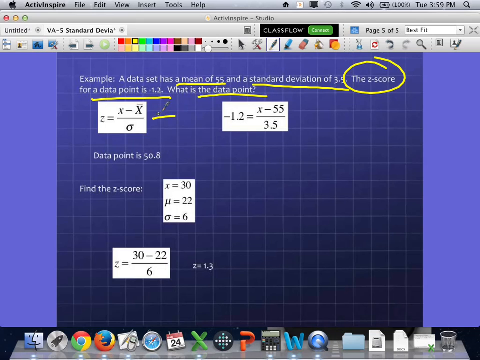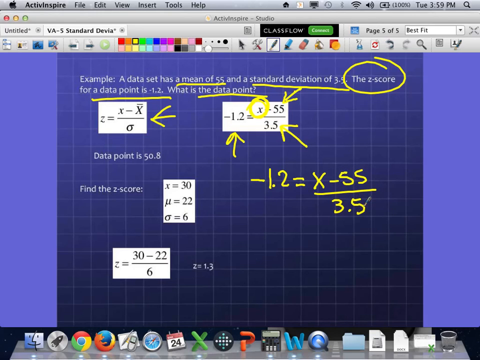So we're using our formula, and we're plugging in. So notice I plugged in the z-score, I plugged in my mean, and I plugged in my standard deviation because I'm looking for the element or the data point. Now, when you have this, negative 1.2 is equal to x minus 55 divided by 3.5.